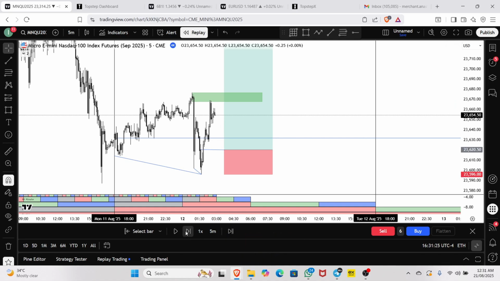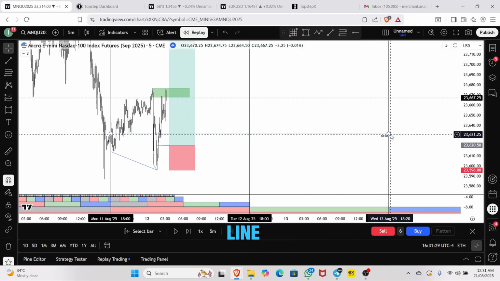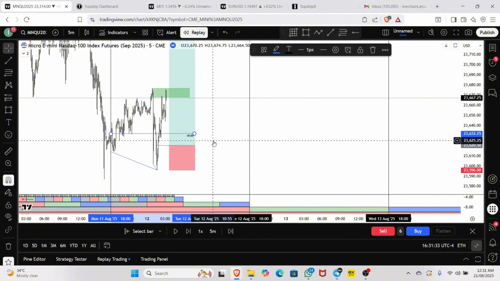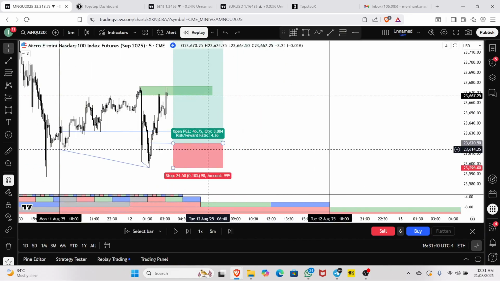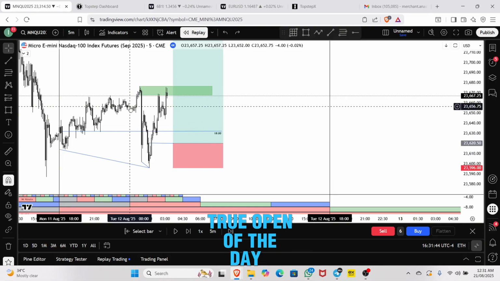And you would see where we are right now. If you remember the blue line right there, price is even below the true open of the day.